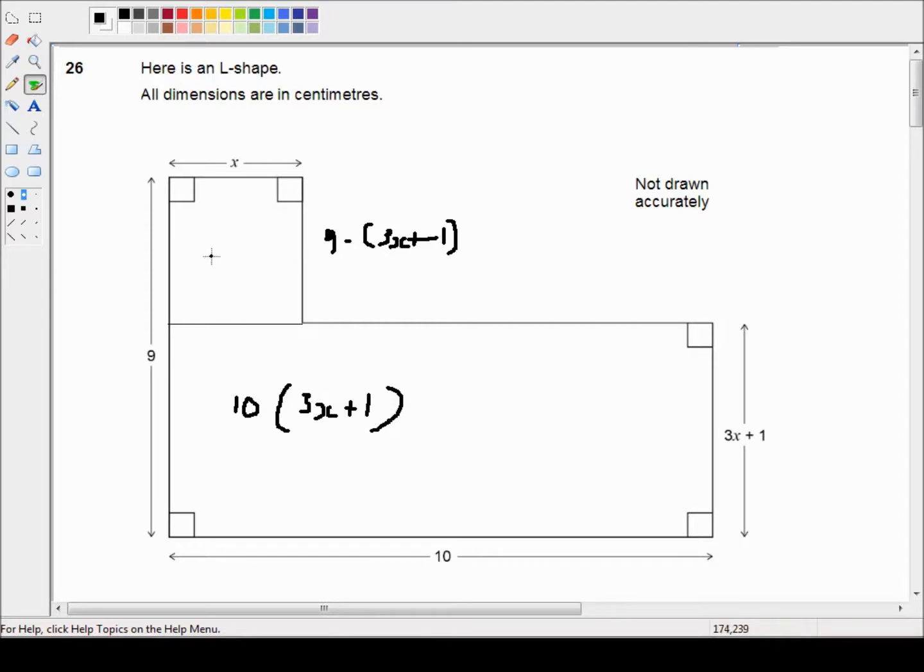So the area of this rectangle is a rather ugly expression, x into 9 minus all of 3x plus 1.